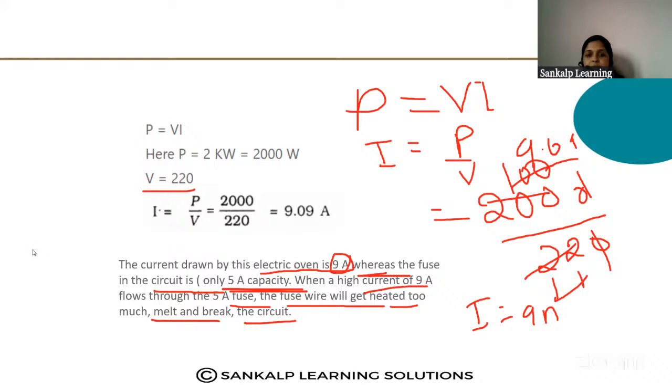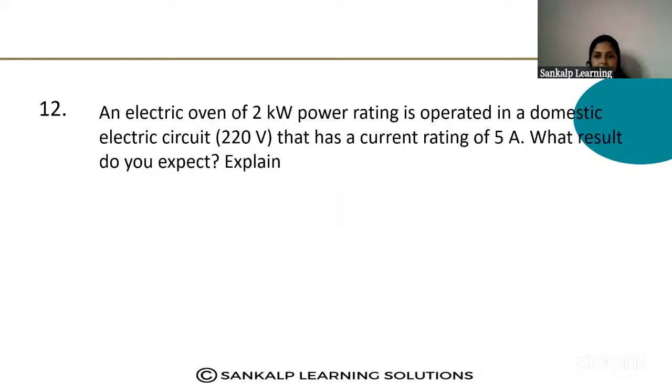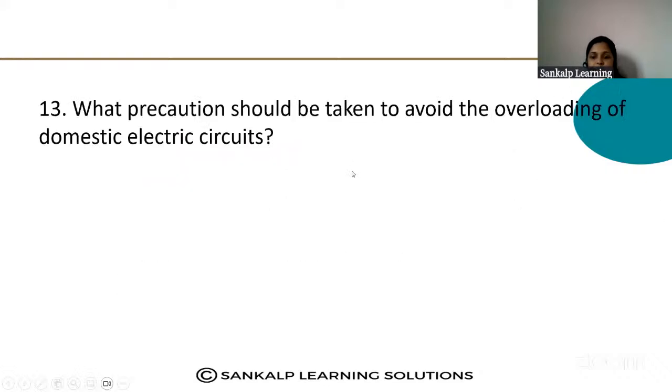Because the fuse is designed to handle only 5 ampere, but this electric oven draws 9 ampere. Note down the sum.